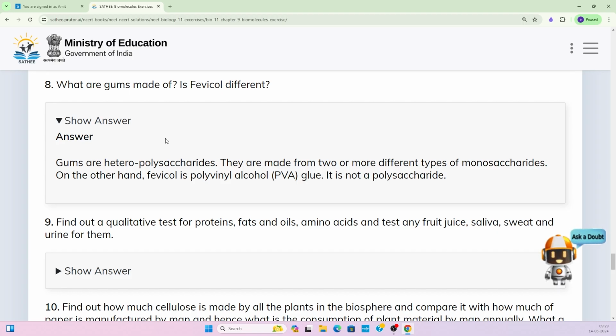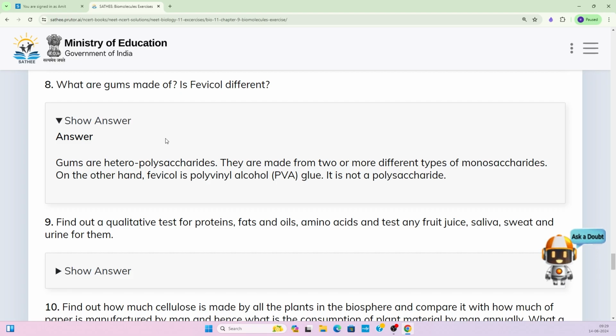The monosaccharides used to form this polysaccharide could be of two or more different types. Now, on the other hand, Fevicol is a polyvinyl alcohol, PVA glue. It is not a polysaccharide, right? So Fevicol is a different chemical called polyvinyl alcohol, a PVA glue, and it is not a polysaccharide, whereas gums are basically polysaccharides.